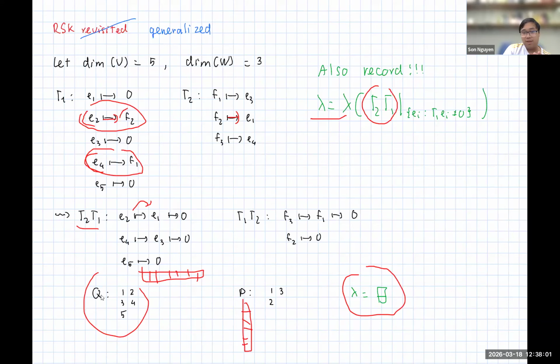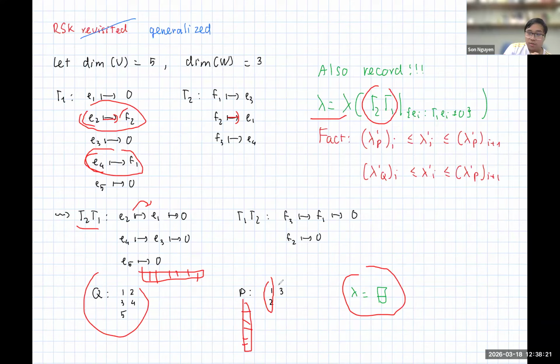And the part that's telling me that P and Q are not so different is recorded in the fact that the columns of my new partition lambda have to interlace between the columns of P and the columns of Q. So this one is saying the first column of P is 2, the second column is 1.